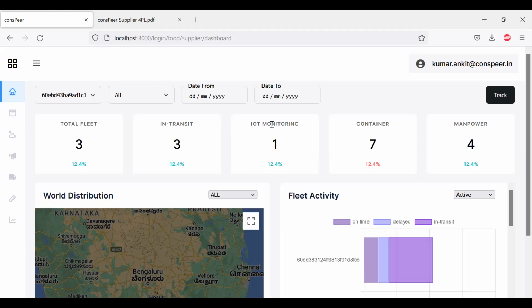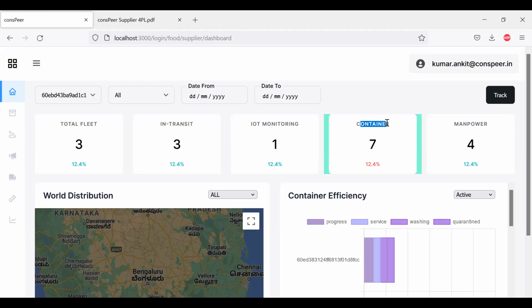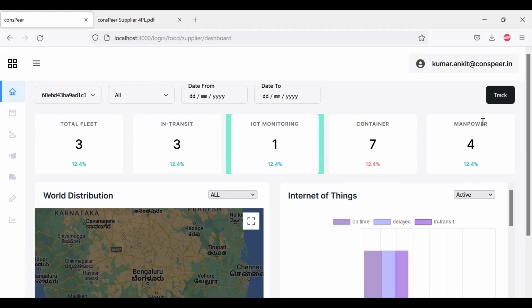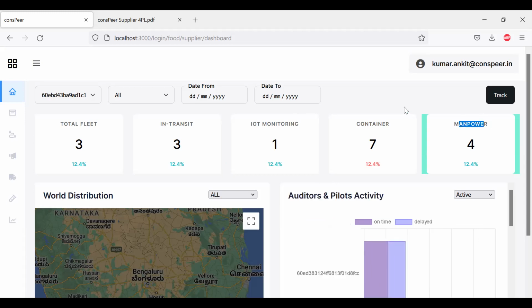So it's all about a vehicle with the battery, with the driver, vehicle connected with the container, the container connected with the IoT monitoring device, and then overall it is watched by a manpower auditor.